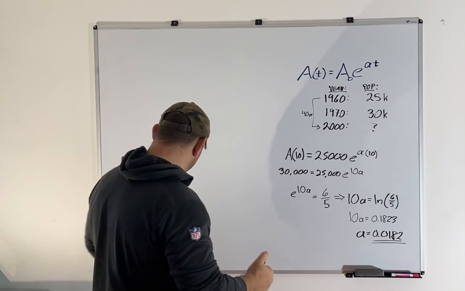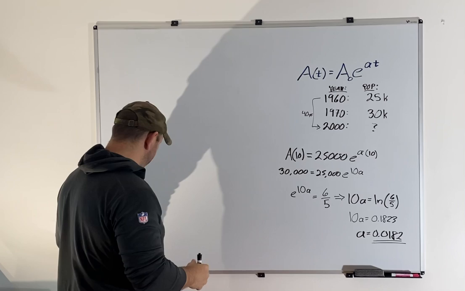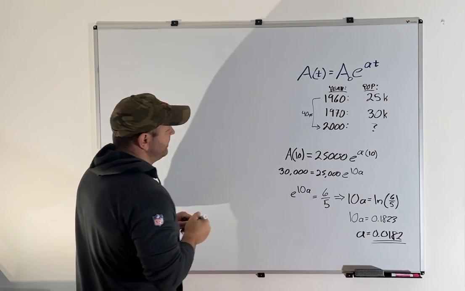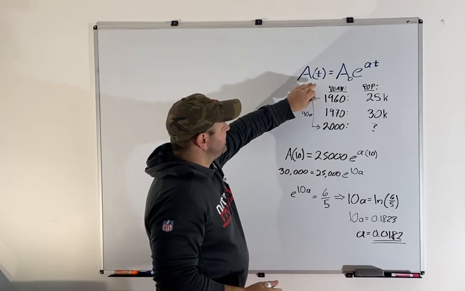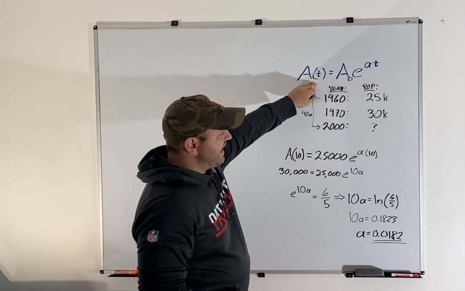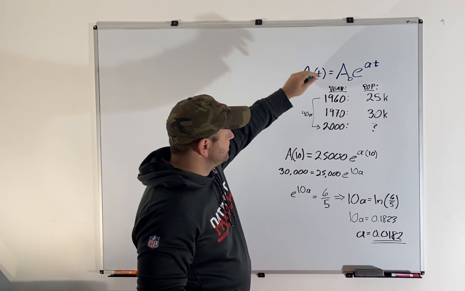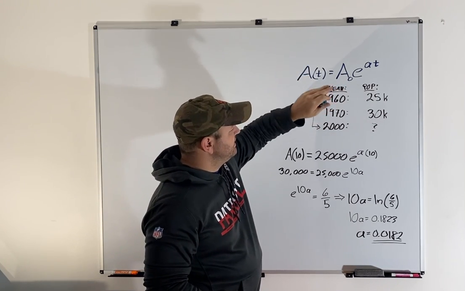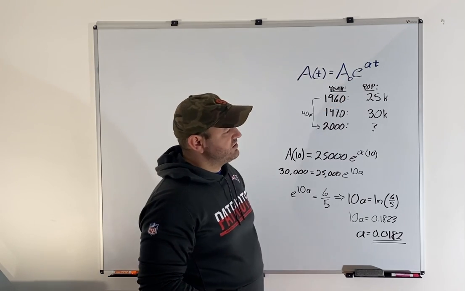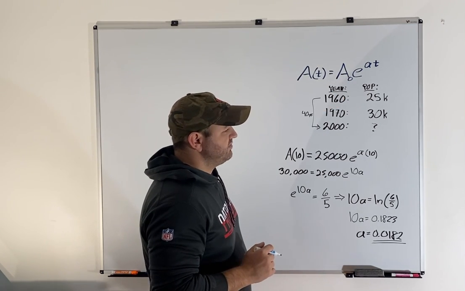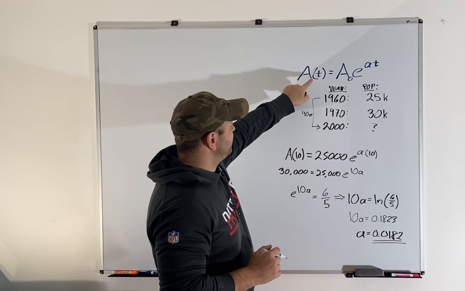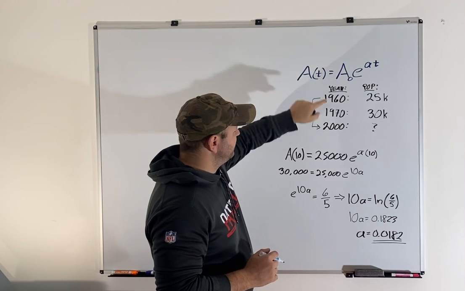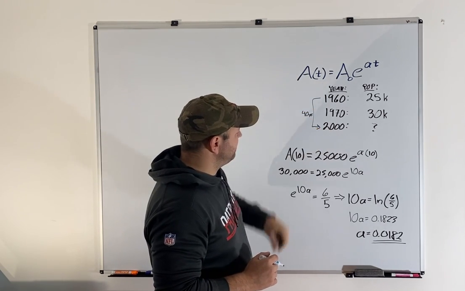I'll throw this second part of the question in another color, light blue. Skeleton equation: the amount of something that I have at a given time is equal to the amount that I had at the beginning times the natural exponent raised to the rate constant times the time interval.